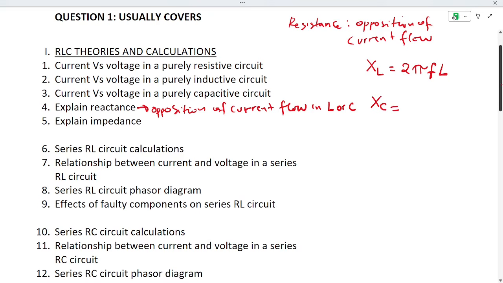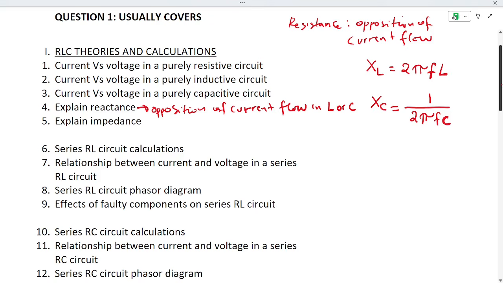And for capacitive reactance, you do 1 over 2 pi F C. C stands for capacitance. The capacitor value and the frequency they give you will allow you to calculate the capacitive reactance.